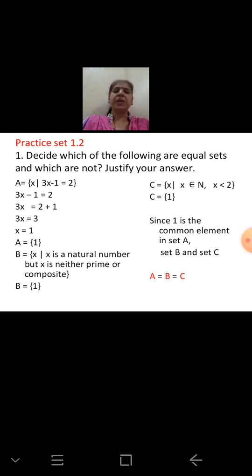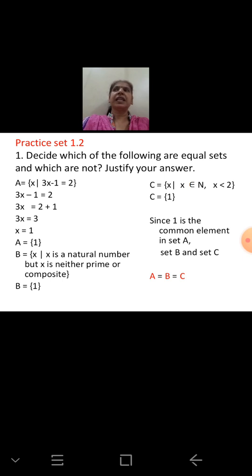So set B is equal to {1}. C is the set of all x such that x is an element of N and x is less than 2. Here capital N is given, it means x is a natural number. Now x is less than 2. Which natural number is less than 2? 1. So set C is equal to {1}.